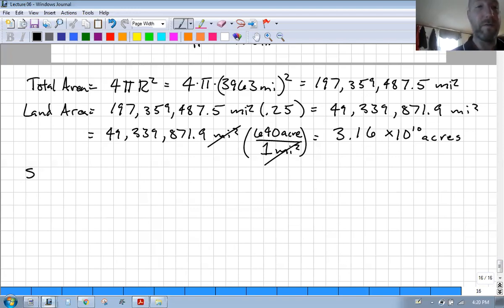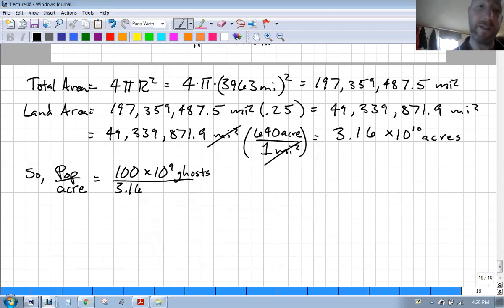So population per acre: it's 100 billion, and a billion is 10 to the 9th, per 3.16 times 10 to the 10th acres. So let's simplify.